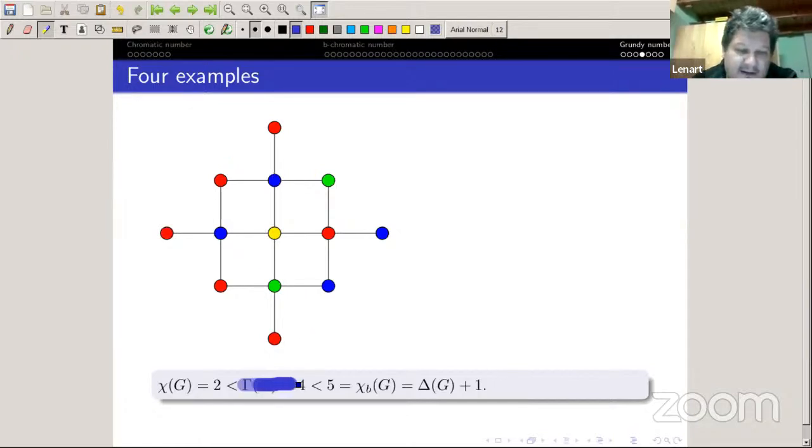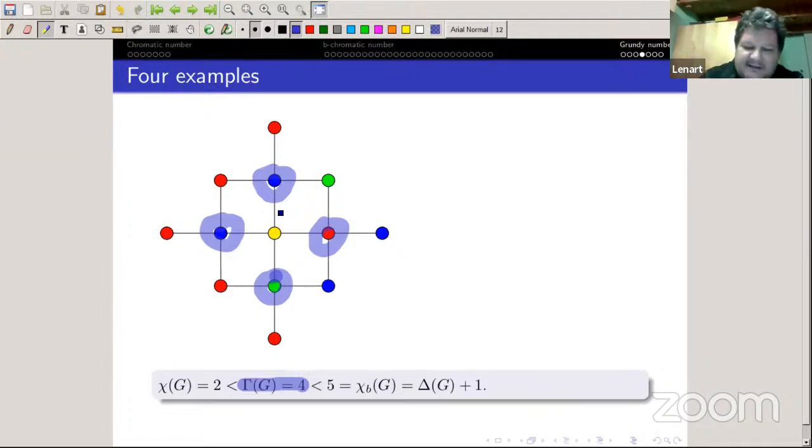And therefore, this is the lower bound for this gamma of G. But for this to really be equality, one needs to show that we cannot receive at these vertices a fourth color. Because of lack of time, I will not explain this now.